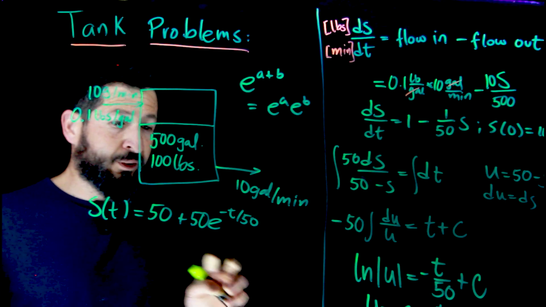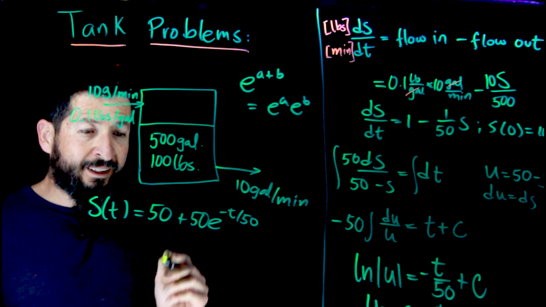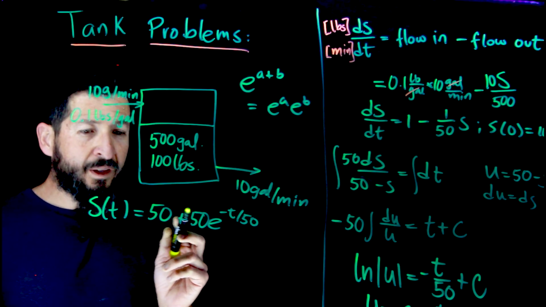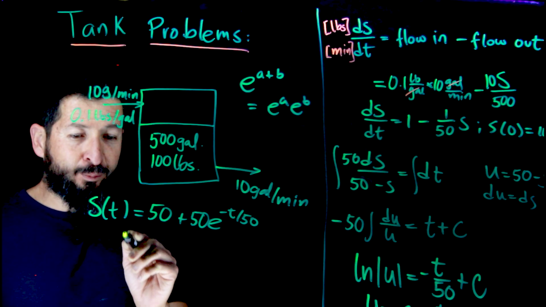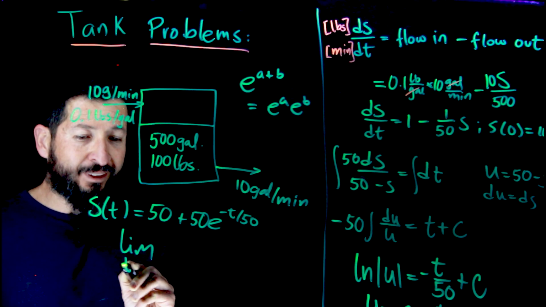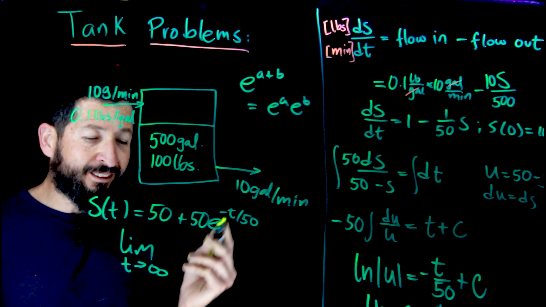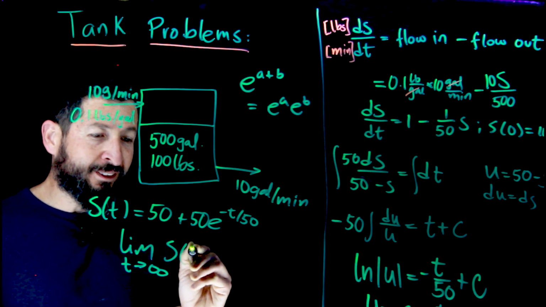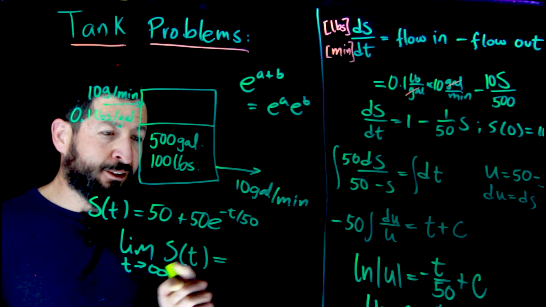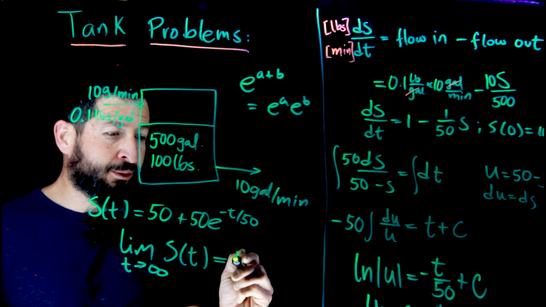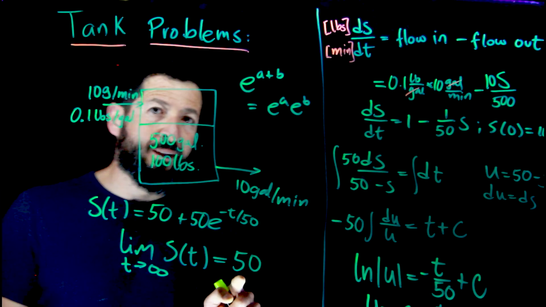All right, so this exponential, the important bit here, I suppose, is the limit as t goes to infinity. So what's going to happen as this system achieves a steady state? As t goes to infinity, this term goes to 0, and I go back to 50.